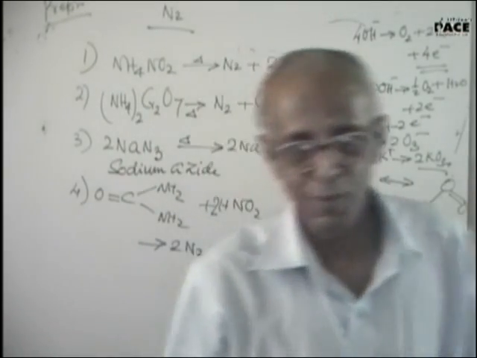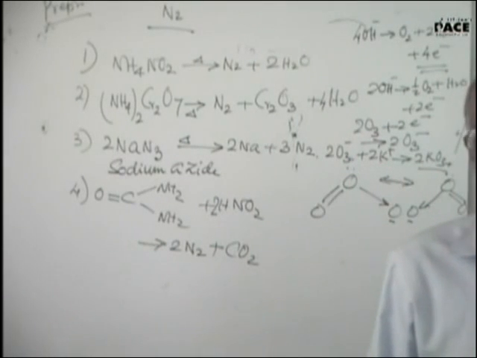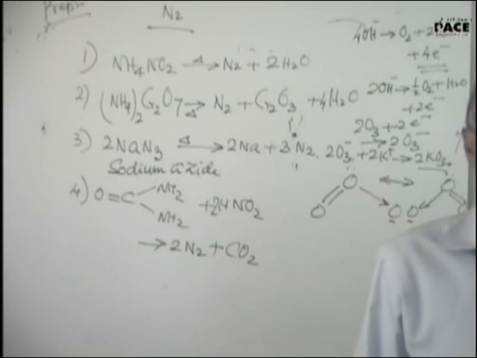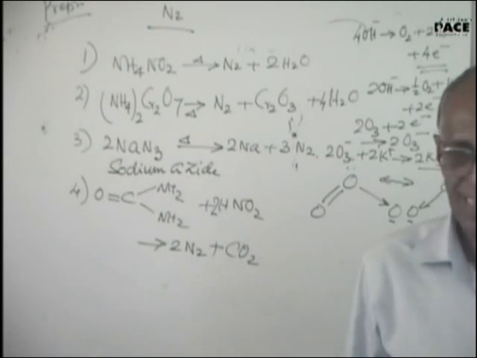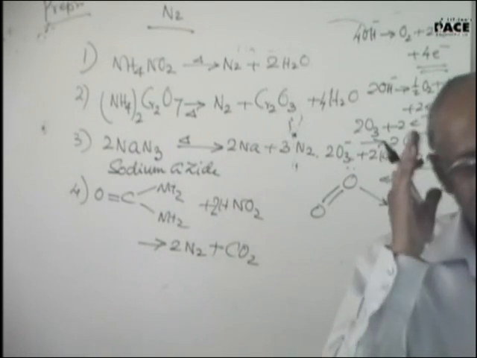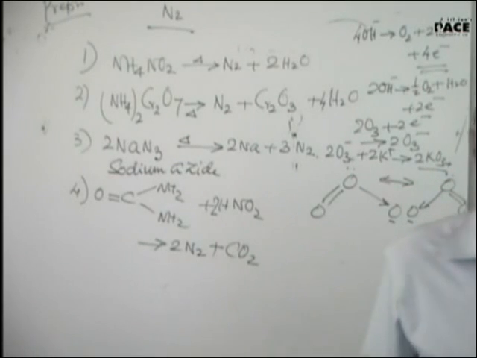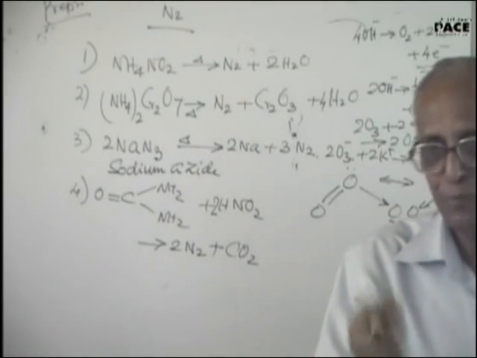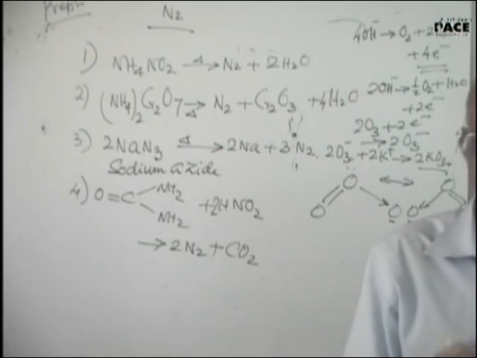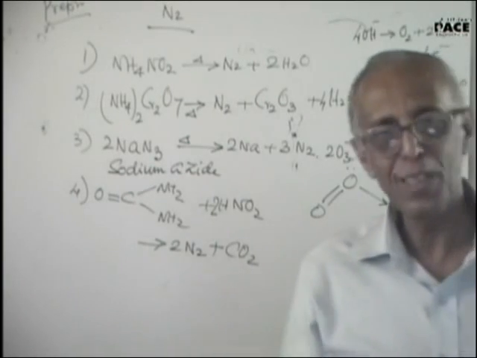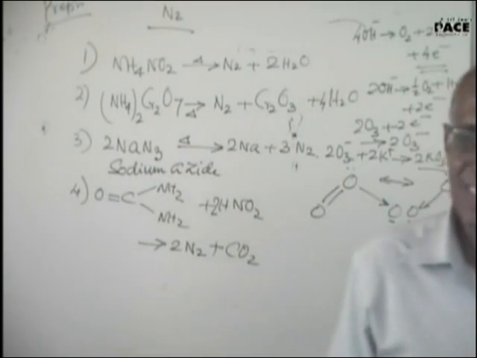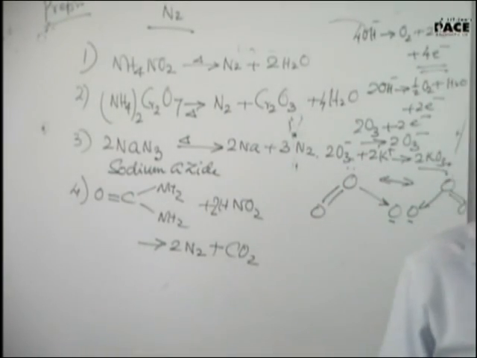I didn't tell you; I thought I would not mention it. This reaction troubled me for 7 days. I didn't sleep. I could not understand what is happening. How do I get a source of electrons to convert ozone to ozonide? I tried everywhere, including IIT. Nobody could help me.